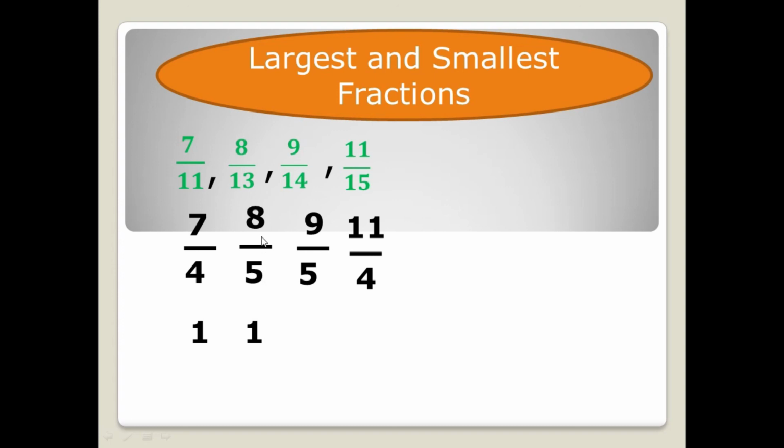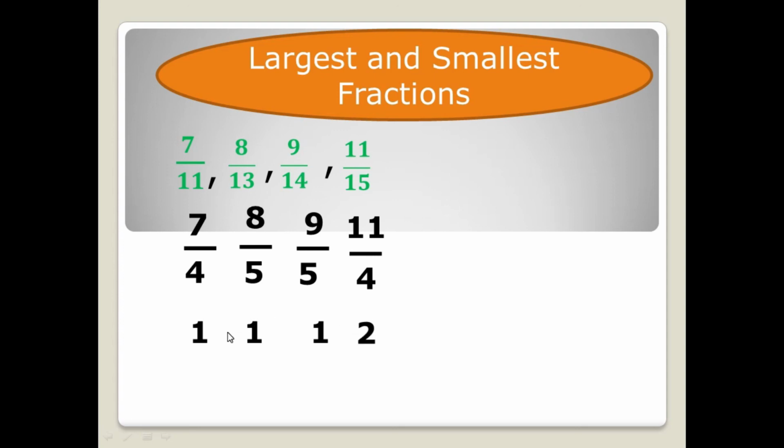Again, when we divide 8 by 5, 5 ones are 5, 3 will remain. Once again, we divide 9 by 5, 5 ones are 5, then 4 remains. But when we divide 11 by 4, we know that 4 twos are 8, so we can write at least 2. It means the answer would be more than 2 point something.